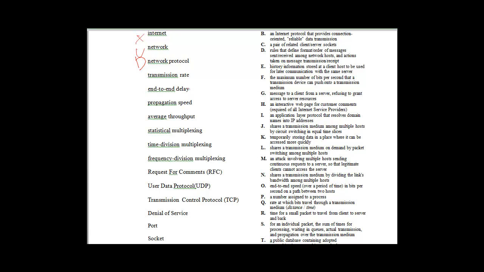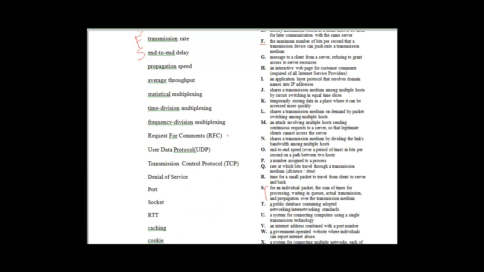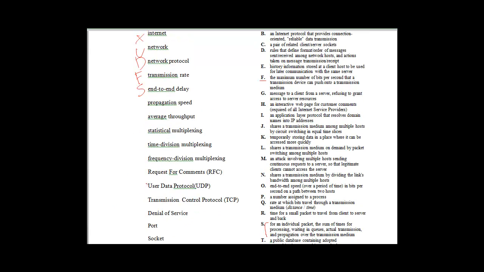The transmission rate is the maximum number of bits per second that a transmission device can push onto a transmission medium. The end-to-end delay is for an individual packet the sum of times for processing, waiting in queues, actual transmission, and propagation over the transmission medium, so S. Propagation speed is the rate at which bits travel through a transmission medium, literally distance over time.